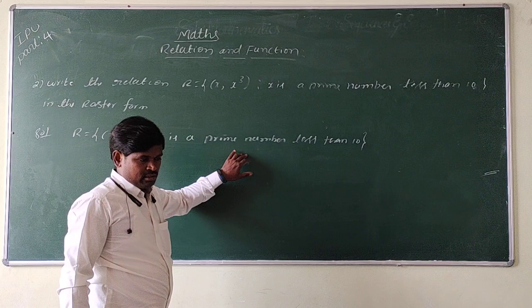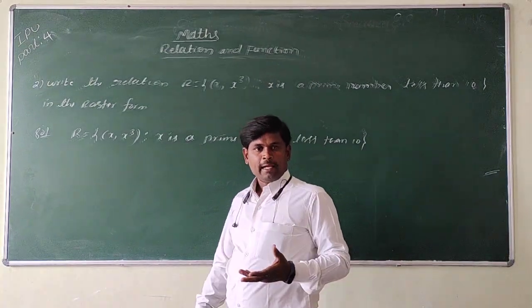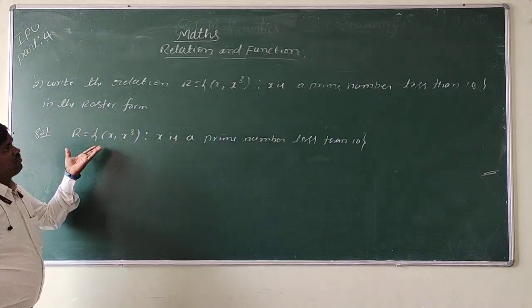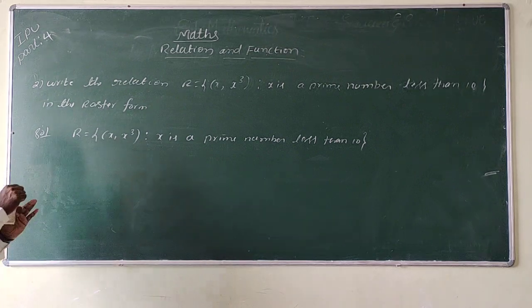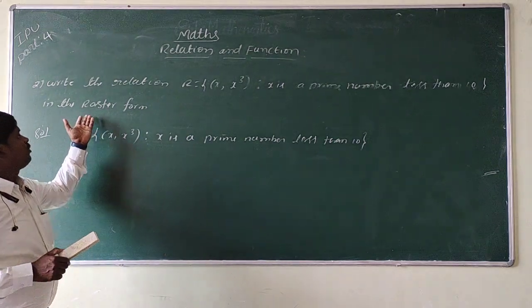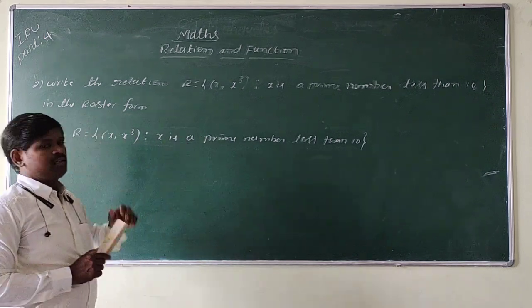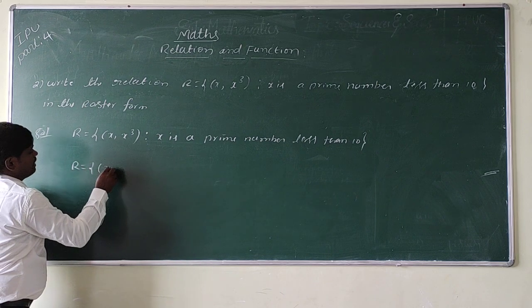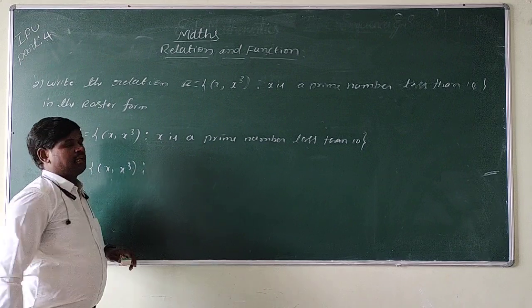So already you know that a relation may be represented in roster form and in rule form or set builder form. So we are going to write the given problem in roster form. That means we are going to list all the elements which belong to the relation R.